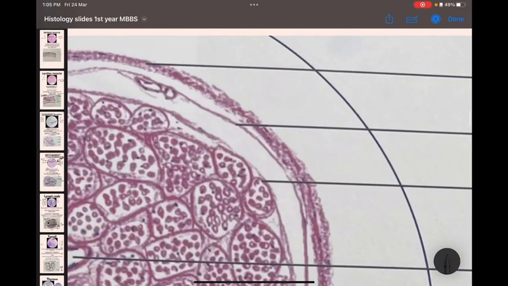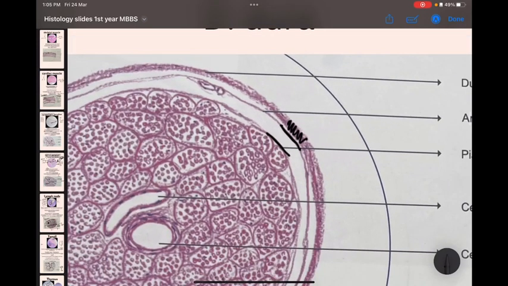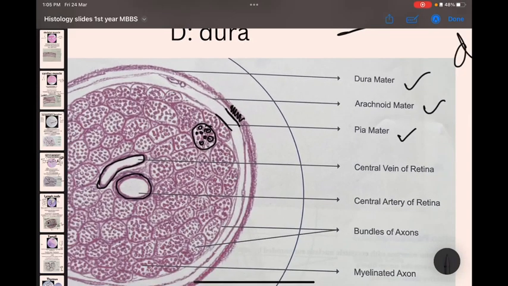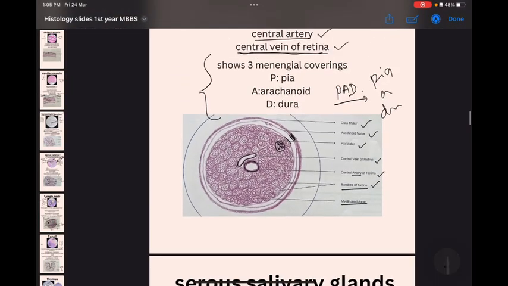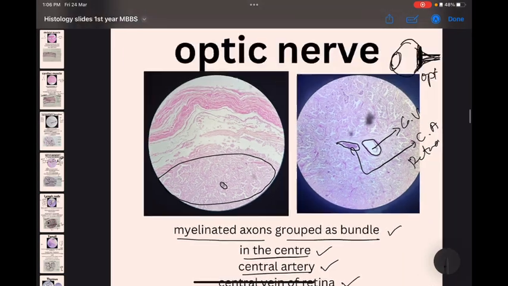And then we have myelinated axons grouped as bundles, and central vein of retina and the central artery of retina. Central vein and central artery, bundles of axons, myelinated. Okay, we are done with optic nerve.